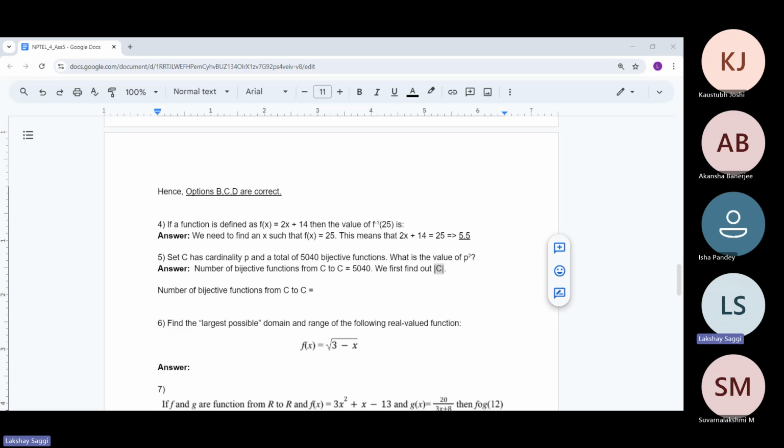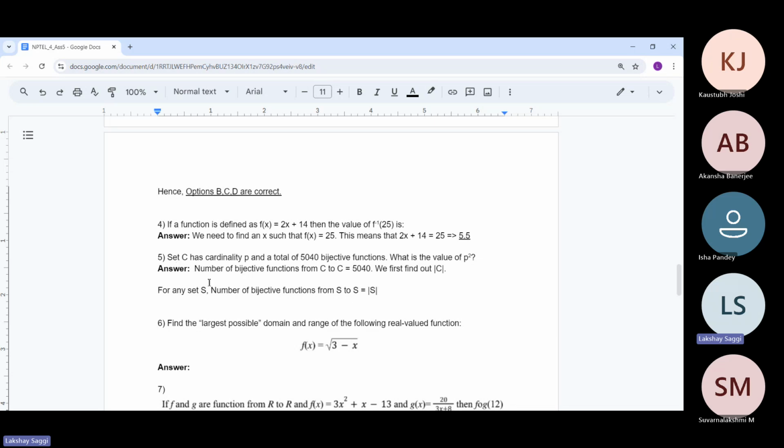I believe this has been covered in the lectures also, but just seeing if you guys remember this. So for any set S, maybe I should reformulate, otherwise you'll get confused between C and C. So in general, for any set S, the number of bijective functions from S to S, what will this be equal to? Okay, Akansha is writing P factorial. So good job, Akansha.